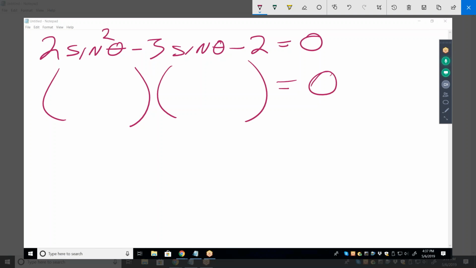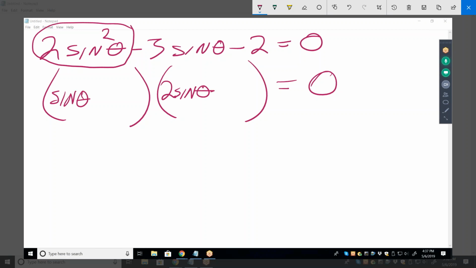First step. How are you going to break this up? It's always the first step. Break that up. Come up with two things that multiply together to that. Sine theta times 2 sine theta. That's it.